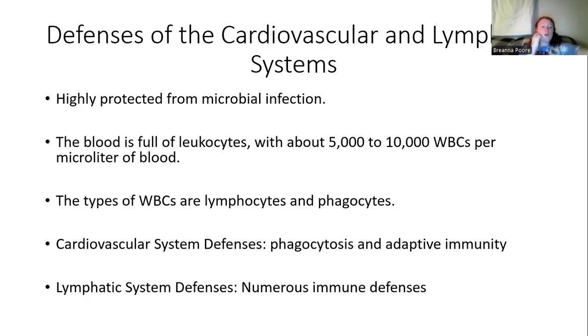Lymphocytes are responsible for adaptive immunity, and phagocytes are critical to innate as well as adaptive immune responses. The cardiovascular system defenses are phagocytosis and adaptive immunity, and the lymphatic system has numerous immune defenses.